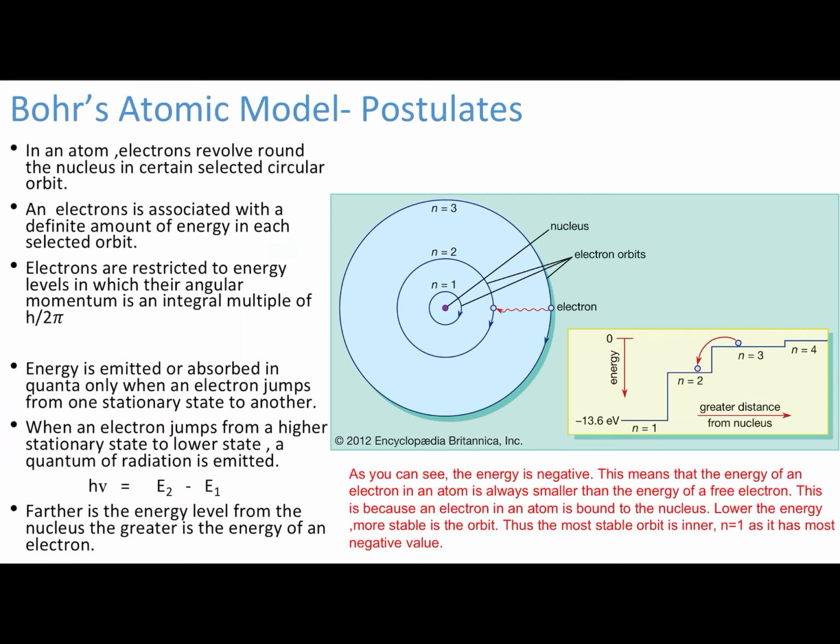When the electron is free from the influence of the nucleus, the energy is assigned as 0. The electron in this situation is associated with the stationary state of principal quantum number n equal to infinity. As the electron gets closer to the nucleus, the energy becomes larger in absolute value and more negative. The most negative energy value is given by n equal to 1, which corresponds to the most stable orbit, and we call this the ground state.